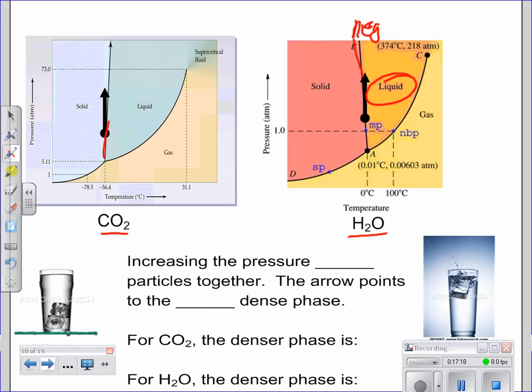And if you have a positive slope, then that means your solid's going to be more dense. Our examples are carbon dioxide and water. By showing these arrows in this example, we see that the arrows point to the more dense phase. Really what's happening is by increasing the pressure, you're just pushing those particles together. And so CO2, the denser phase, is going to be your solid, and H2O, it's going to be your liquid.